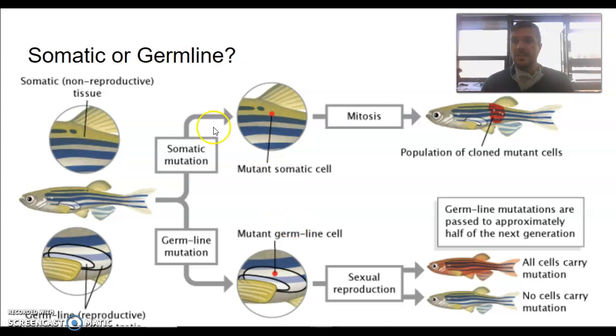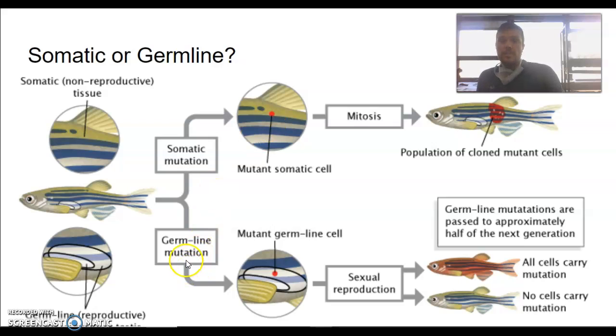So if this fish experiences a somatic mutation, in order for that mutation to get passed along to its offspring, well, it can't naturally pass it along. It would have to be a cloned fish. There are some organisms that could pass it along that way, but anything that reproduces only sexually is not going to be able to pass that mutation along.